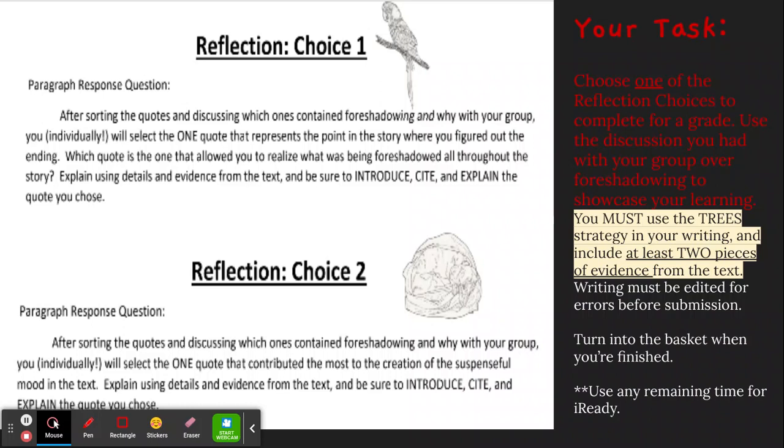This does become homework if it's not finished in class. So use your time wisely today, have really strong discussion with your group, and afterwards pick the right reflection for you and get to writing. You may use your notes and any resource available to you. All right, guys, good luck. Have a great day.